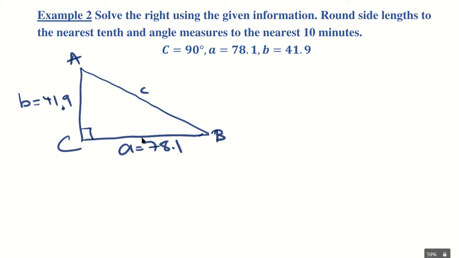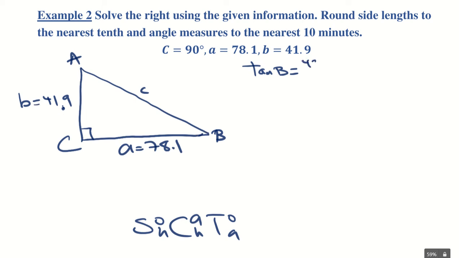So for example, we could use tangent here. In fact, let's try that. Tangent of B is going to be, again, let's remind ourselves of SOHCAHTOA, right? So tangent is of course opposite over adjacent, so it's going to be 41.9 over 78.1.